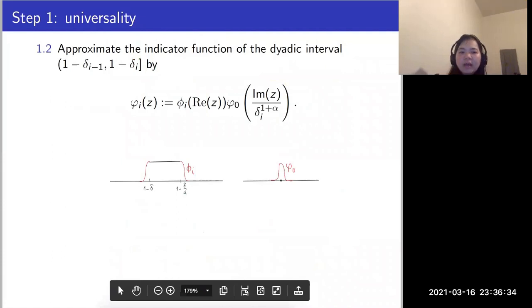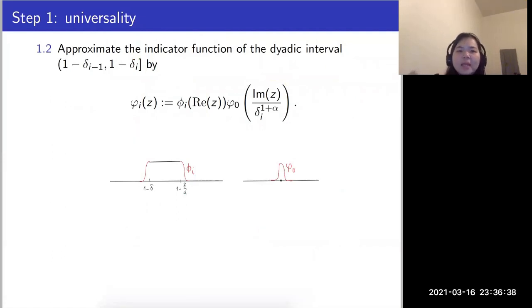To show that, here is a pretty standard step in approximating these indicators. As you see in this picture, we have an indicator function of the interval, and we just smooth it out so that we can do some analysis with it. So phi is just a smooth function that approximates the indicator function. And this phi, we want to bring to the complex plane. That's why it has two components.